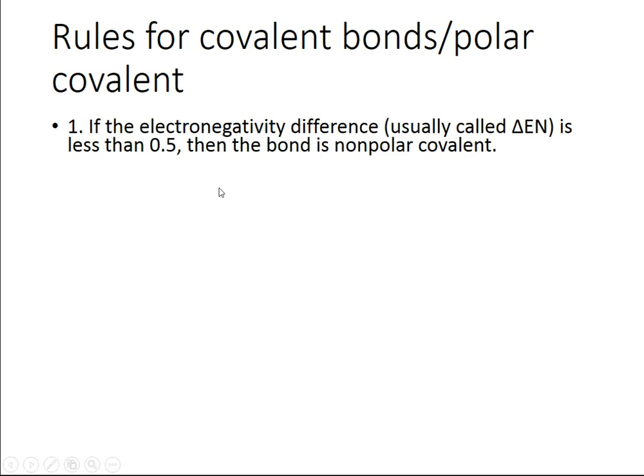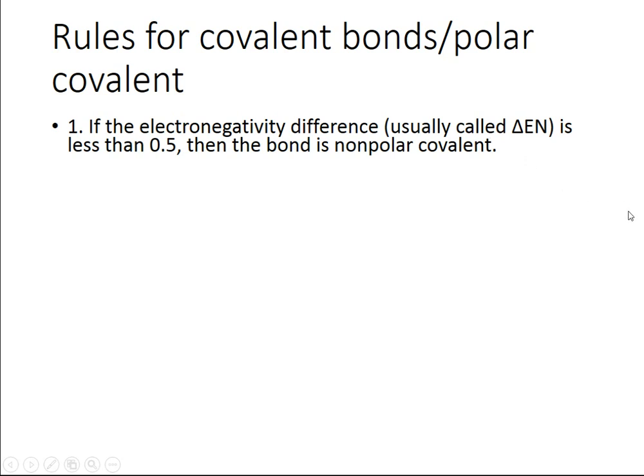If the electronegativity difference, usually abbreviated as delta electronegativity, the change in electronegativity, where delta, as we already know, stands for change, is less than 0.5, then the bond is nonpolar covalent.